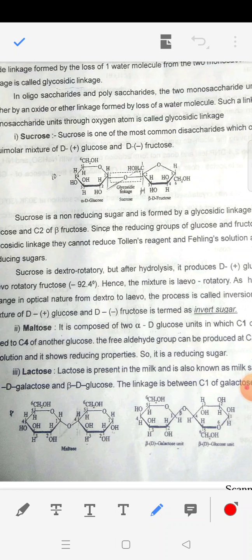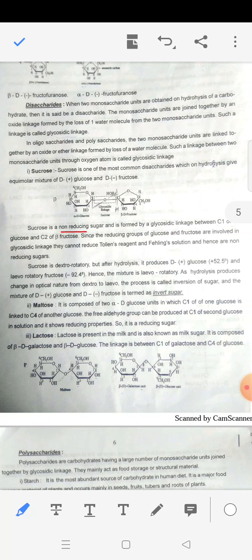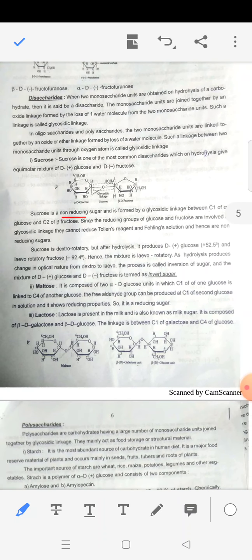So sucrose is a non-reducing sugar, formed by glycosidic linkage between C1 of alpha glucose and C2 of beta fructose. Since the reducing groups of glucose and fructose are involved in the glycosidic linkage, they cannot reduce Tollens reagent and Fehling solution. Now here you come across a very important definition, that is invert sugar, which I have already explained before.